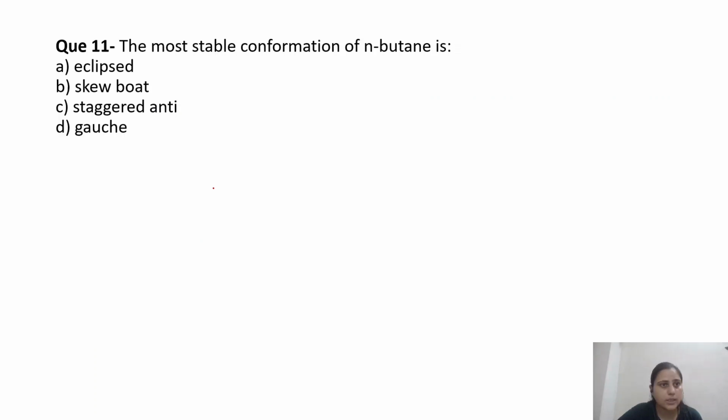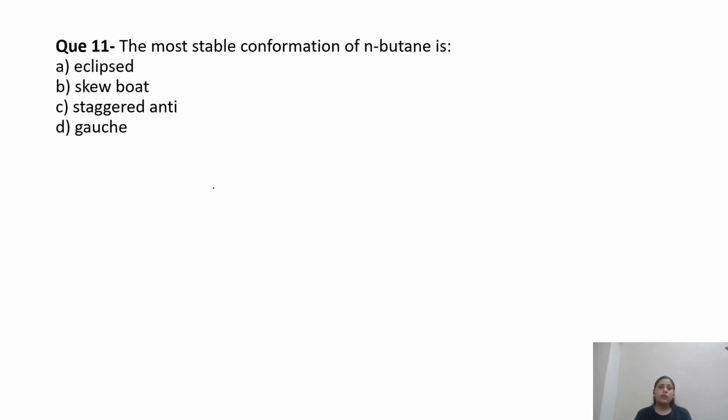Now we will discuss question number 11: the most stable conformation of n-butane is. Options are eclipsed, skew boat, staggered anti, and gauche.